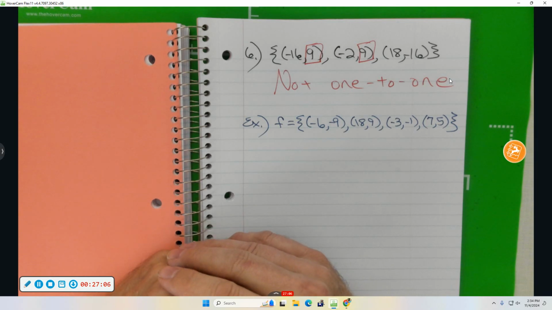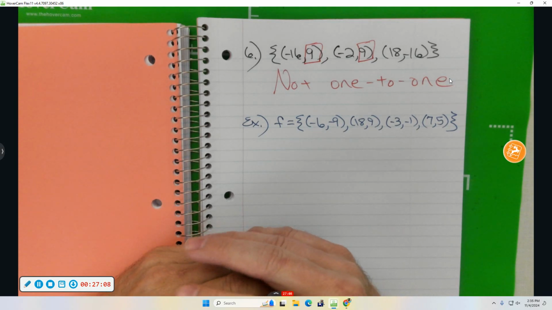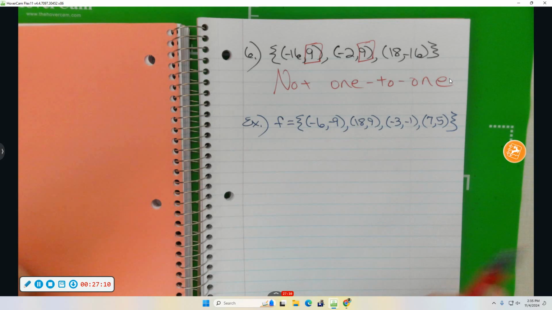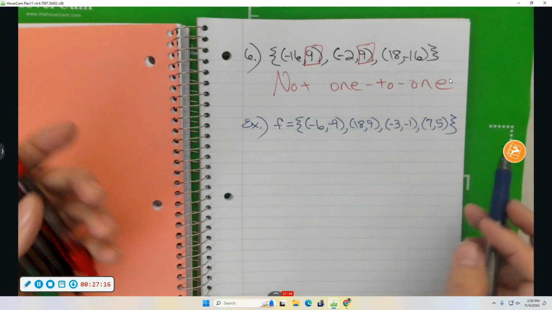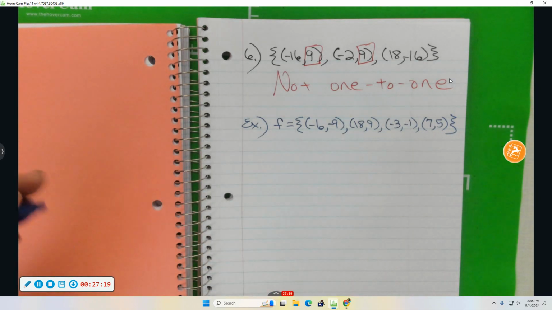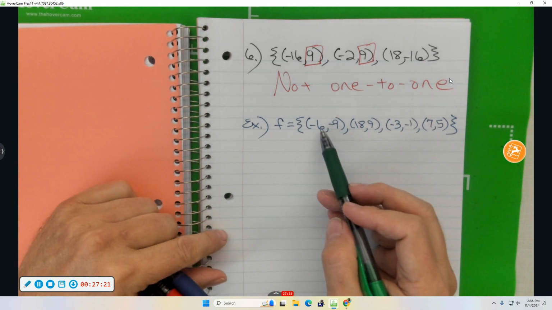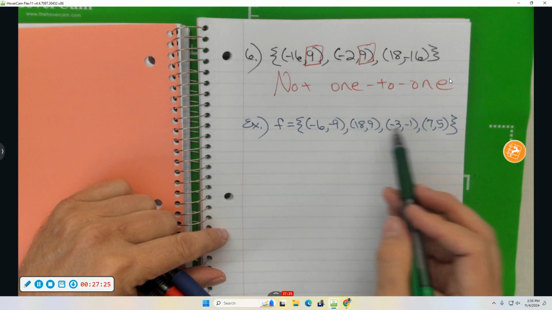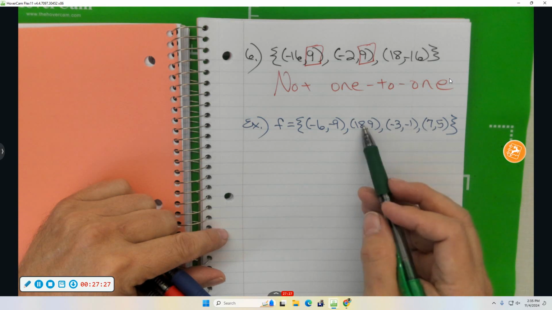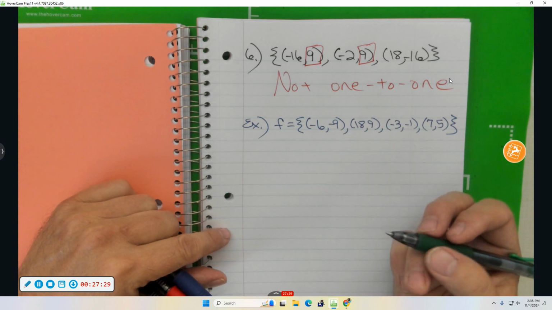Recall that the domain is the set of all x values and the range is the set of all y values. So with that in mind, before we start writing out the domain, let's find f inverse. We said that every y coordinate's different. Every x coordinate is different also, or would it be a function?